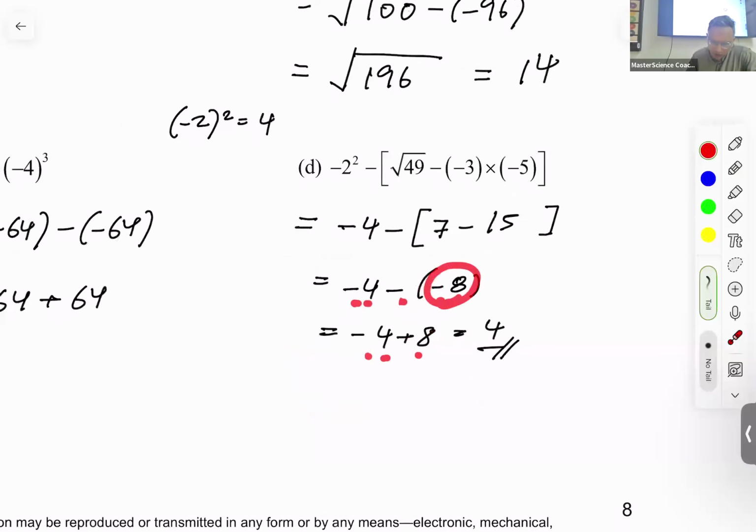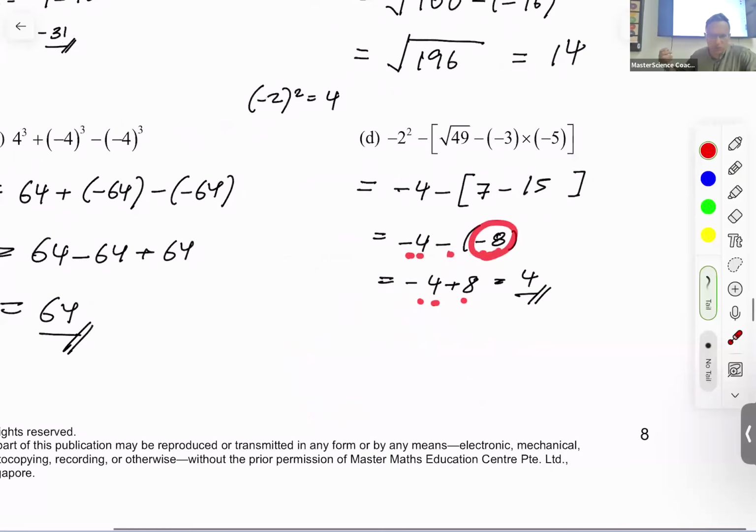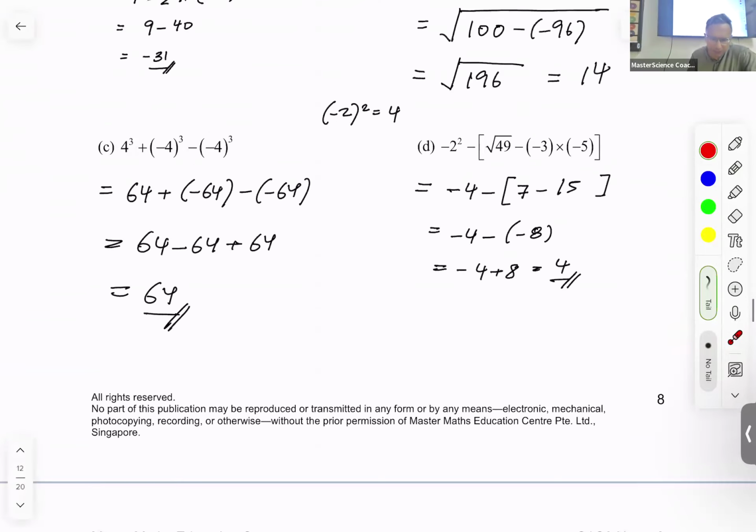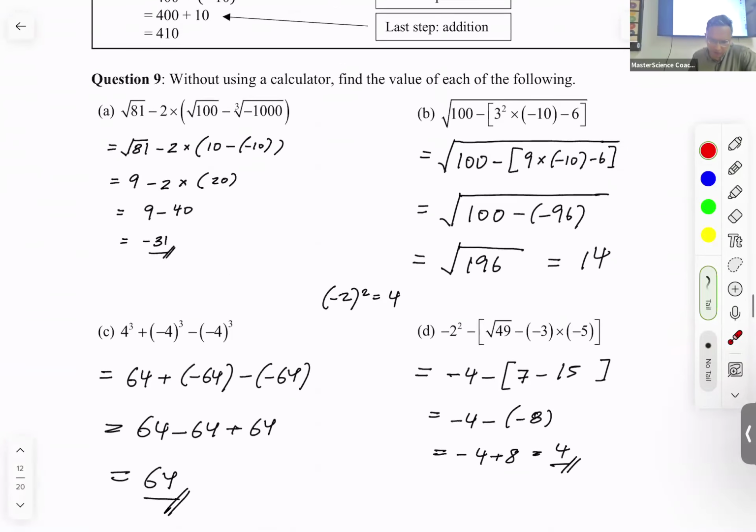So they are asking you in question 10 to check this using a calculator. So can you go ahead, take out your calculator and check, and then see whether your answers for A, B, C, D are the same as the previous A, B, C, D? Can you do that now?